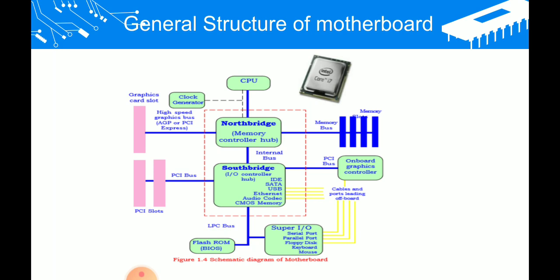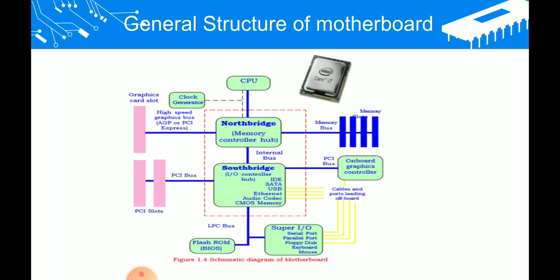So any communication between the CPU and the motherboard is managed by the chipsets. North bridge is also called the host bridge or north chipset. This controls the high speed components, that is CPU, RAM, and video card.